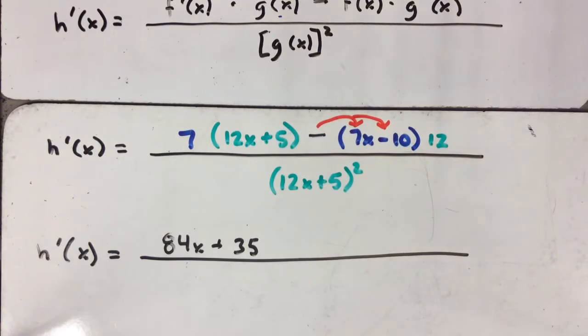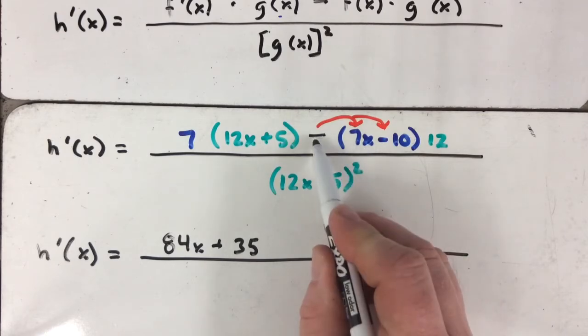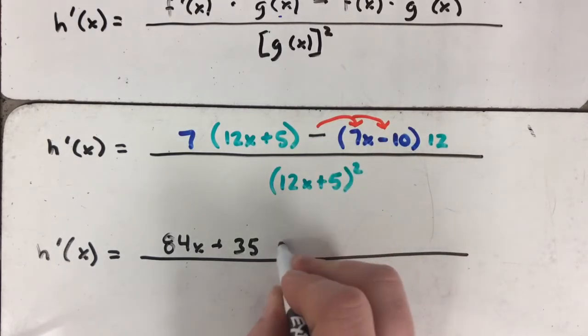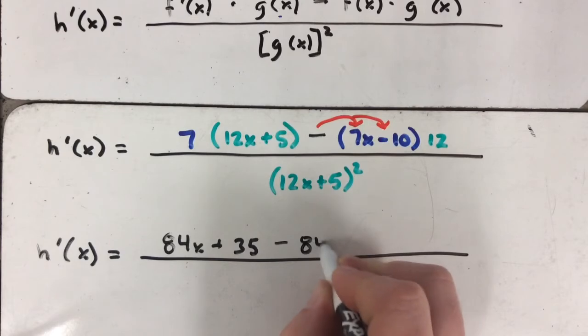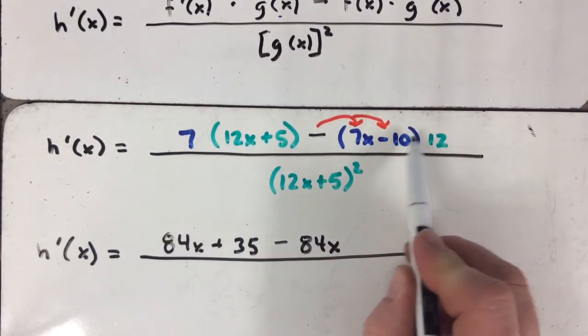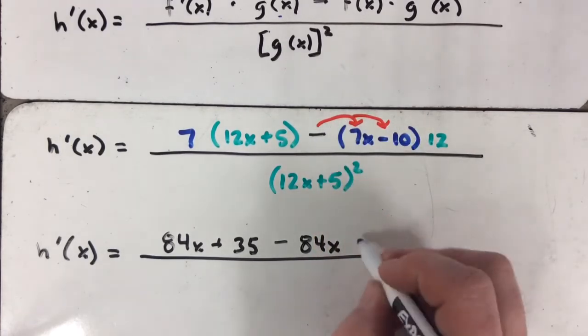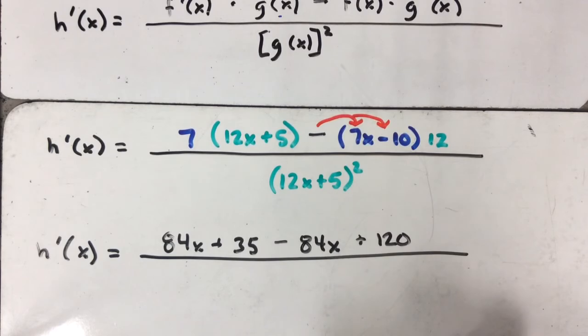So I'm going to multiply that 12 in also. So 12 times 7x, that's 84x, but then using the subtraction there and distributing that in, that ends up being a minus 84x. And then I'm going to do the 12 times the negative 10, that's negative 120, but then distributing the negative in also would be a plus 120.